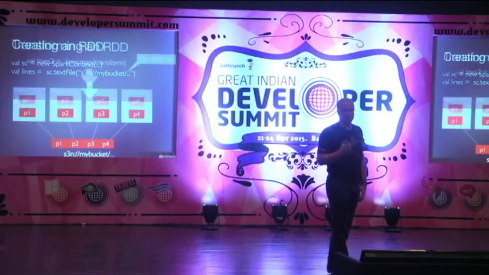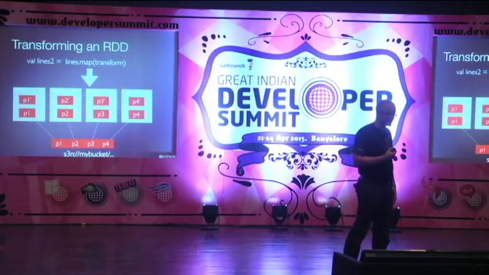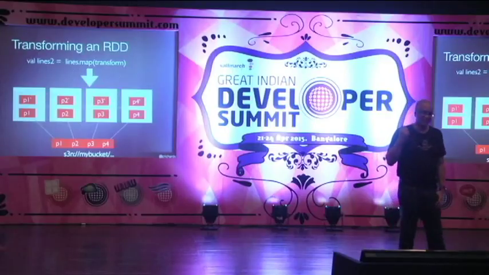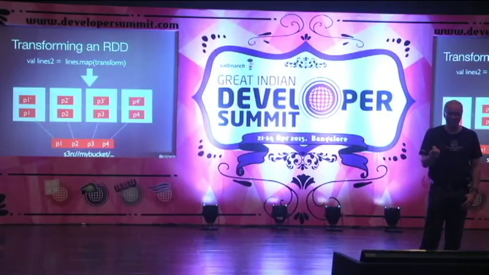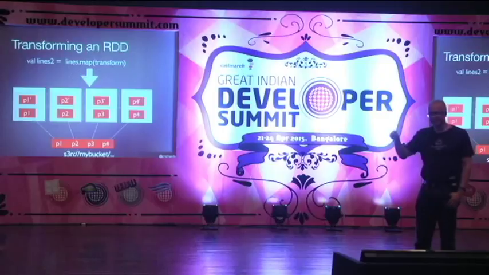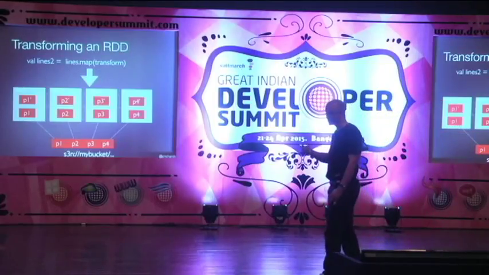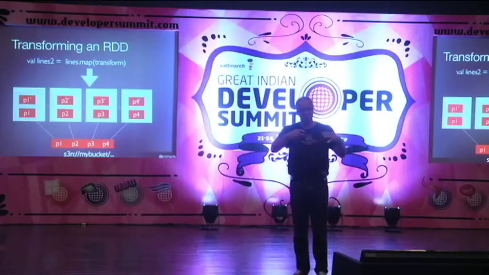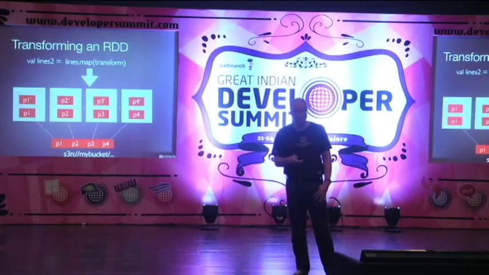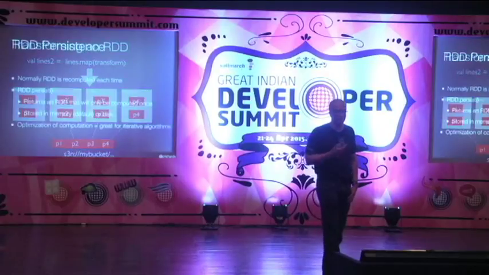Then when you apply some function to that RDD, the transformation gets performed in parallel across all of those machines, and it will create a new RDD that is also partitioned across the machines. And it's a very powerful programming model.